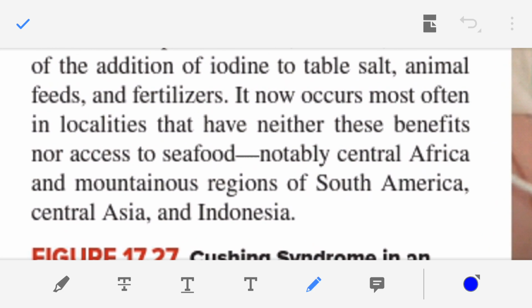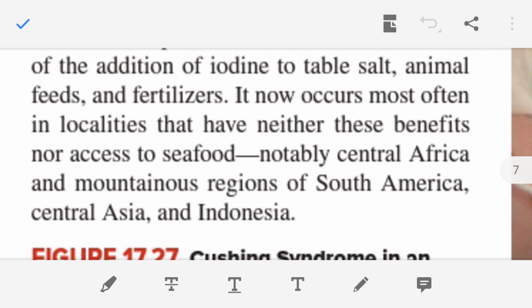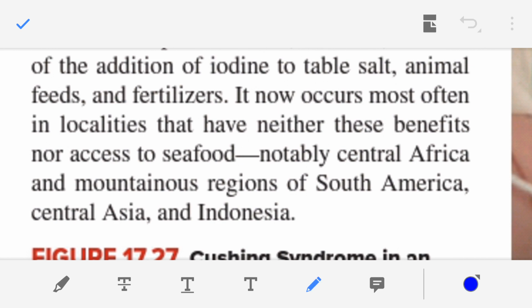Goiter now occurs most often in localities that have neither of these benefits. That means nowadays goiter is visible only in areas where the food industries are not mixing iodine with food items. These regions are, first, Central Africa.